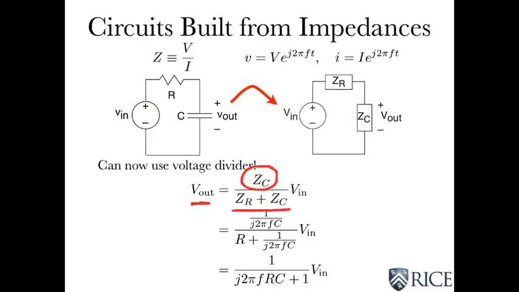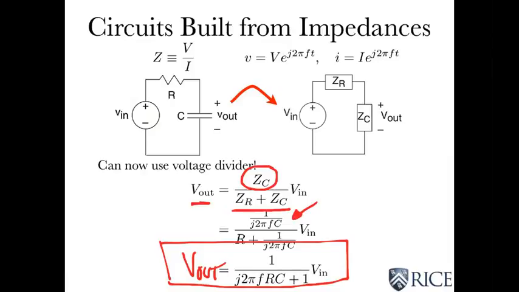Plug in what their impedances are and simplify a little bit. We now know what V out is. It is equal to the amplitude of the source times a complex number, 1 over (j2πfRC plus 1). So, what could be simpler?